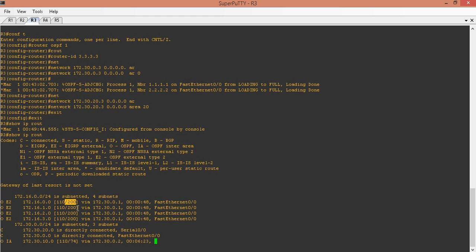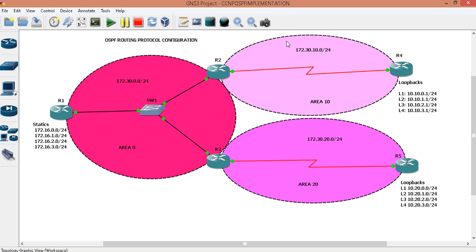If bypassing 10, 20, 500 routers, the metric will always be 200. It's never going to exceed 200 because it's type 2. Okay, so good. Now let's go into router 4 here.